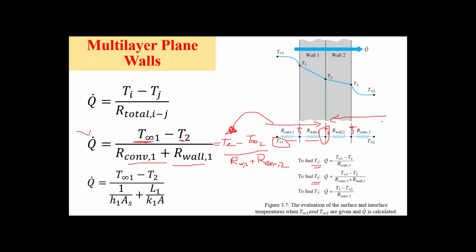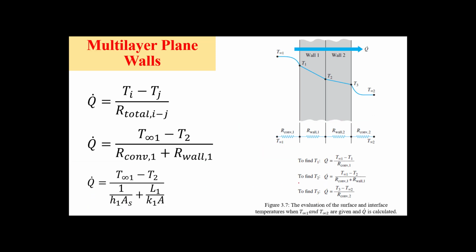Here is a good example. We care about T3. Where is it? Here is T3. T3 can be reached either from this direction or from the other direction. Which one is easier? This direction, because we have only one resistance.